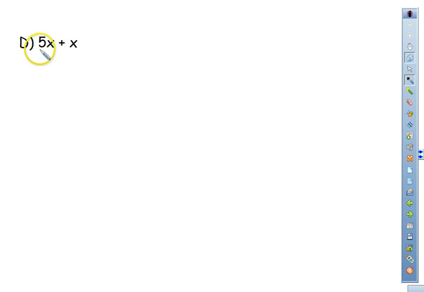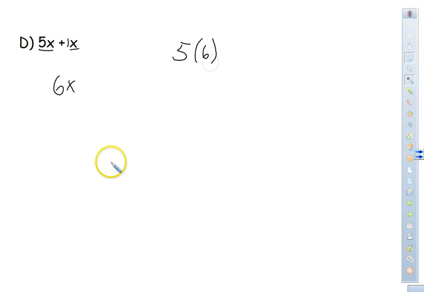Now again, we've got how many x's? 5 x's. 1x, so we're going to combine those. This represents 1x, so we end up with 6x. Okay? Which actually means 6 times x. Remember, anytime you have a number next to a variable with no sign between it, or if you have, for example, 5 and then parentheses like this, that means 5 times 6.